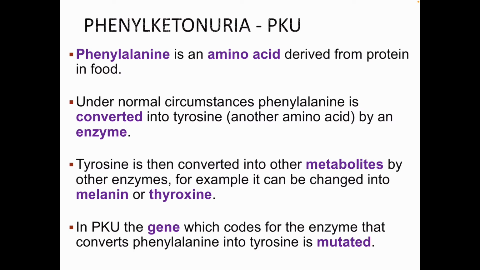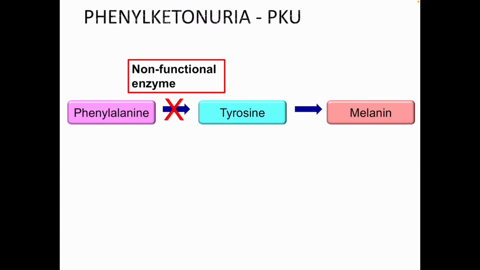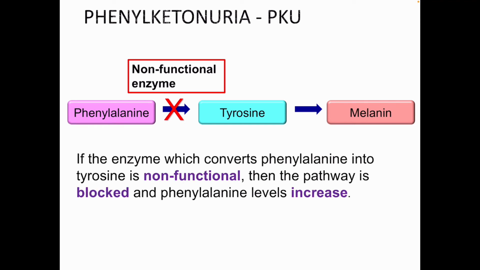However, with PKU, the gene that codes for the enzyme that's responsible for converting phenylalanine into tyrosine is mutated, and the enzyme does not work. So you can see that the metabolic pathway becomes blocked, because the enzyme is non-functional. This will cause phenylalanine levels to increase.